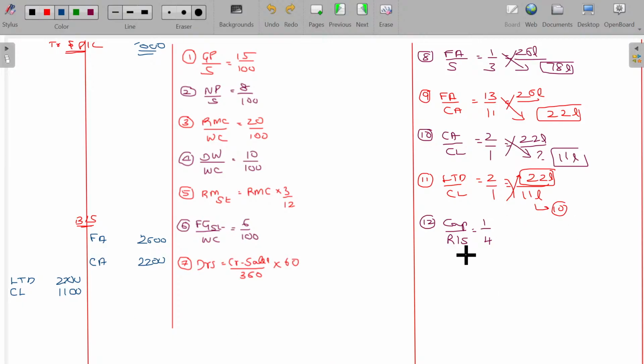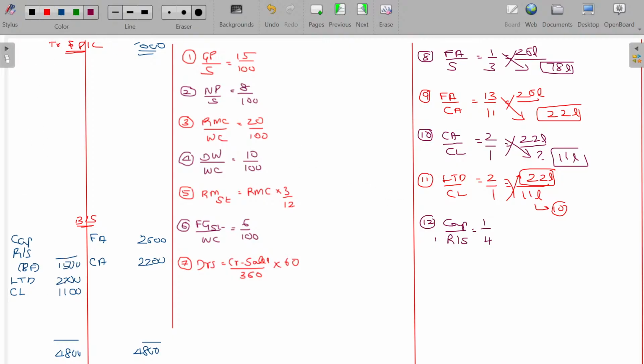I cannot solve the 12th one now, but we can total the balance sheet, 4800. Capital and reserves and surplus put together will be the capital employed. 1500 will be the balancing figure.